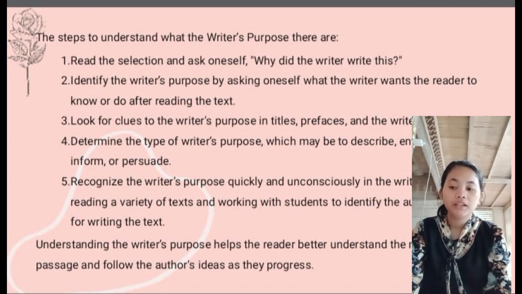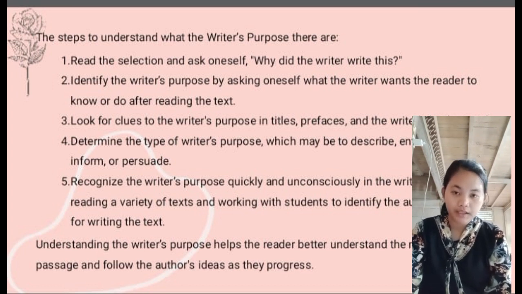Now I would like to continue to explain the steps to understand the writer's purpose. There are steps that we follow to understand the writer's purpose. The first, read the selection and ask oneself why did the writer write this.